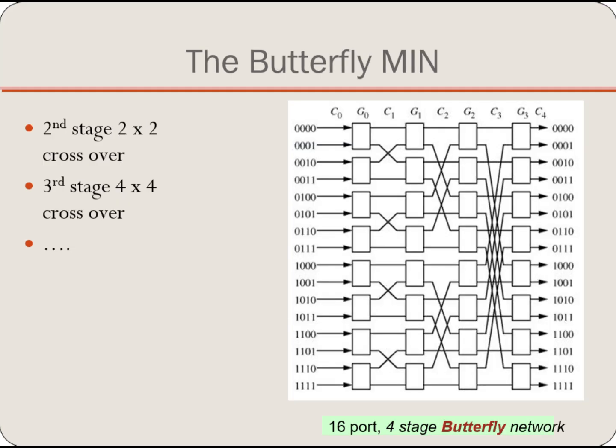Another famous one is the butterfly, because it looks like a butterfly. It's a crossover. The first stage is a direct link, and then the second stage is a 2x2 crossover like this, and then the third stage is a 4x4 crossover, and then a bigger crossover.